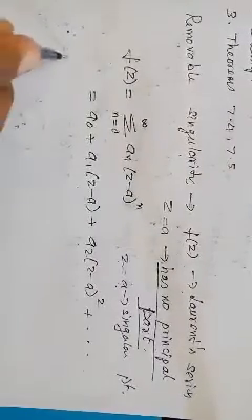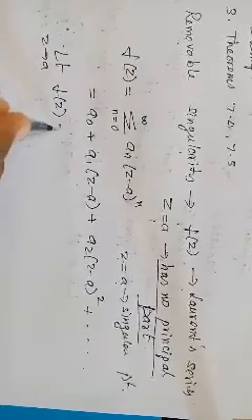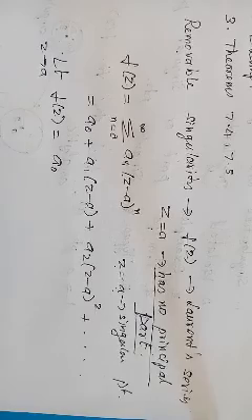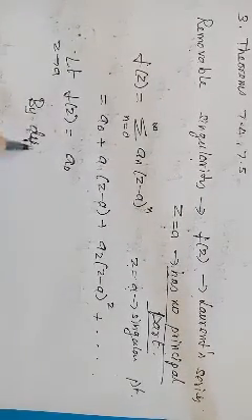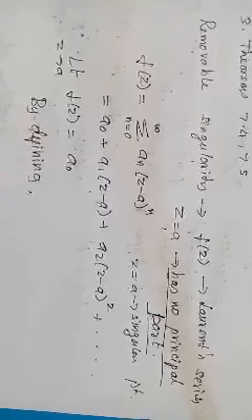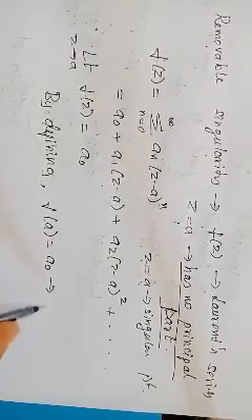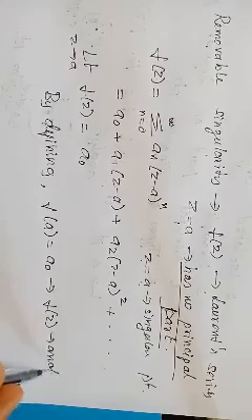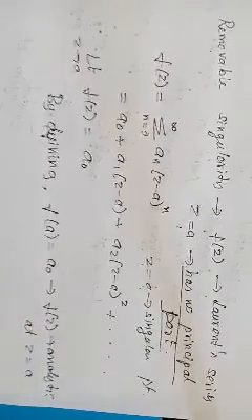Now what happens if I find the limit of f of z when z tends to a? It becomes a0. So by defining f of a to be a0, I can make my function f of z analytic at z equal to a.